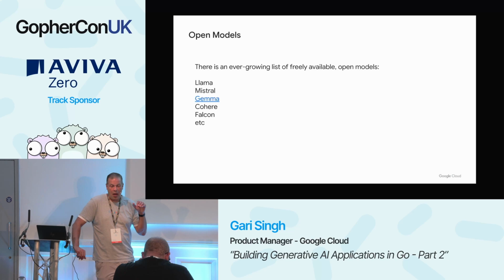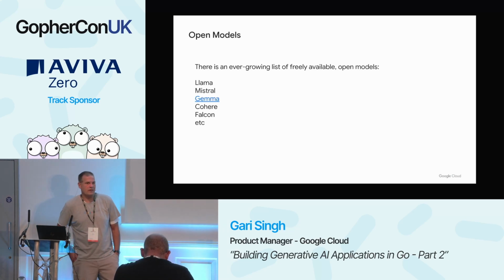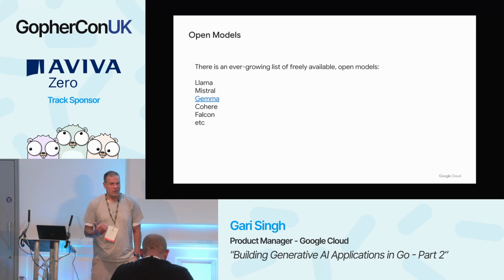Now, hosting and serving the model is actually pretty straightforward on Kubernetes these days, right? Kubernetes is very good with GPUs and plugging into the accelerators and compute side. There are a number of serving frameworks out there: Ollama, Hugging Face TGI, Triton inference servers.